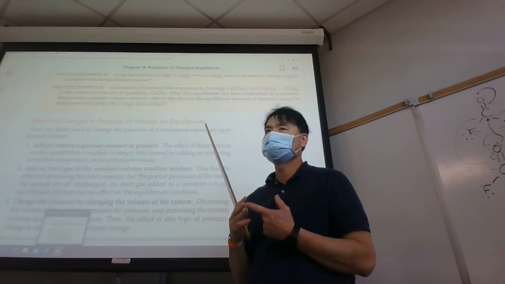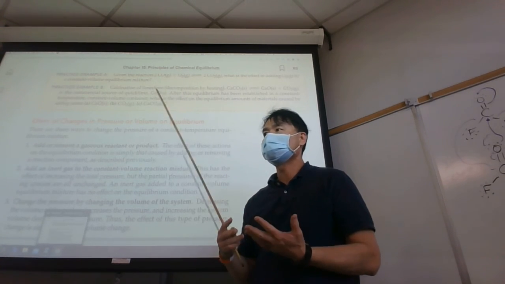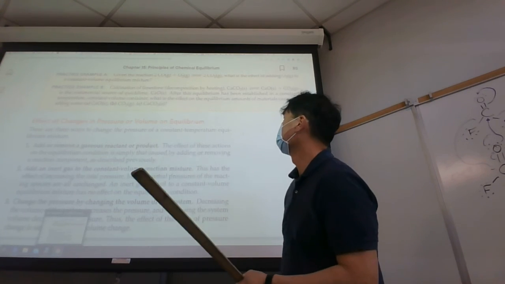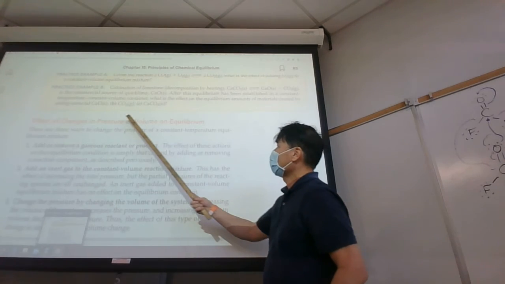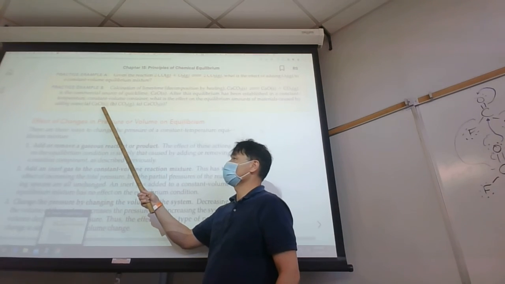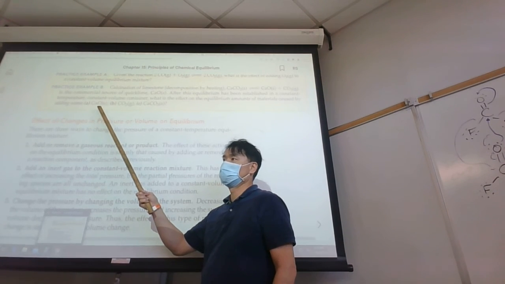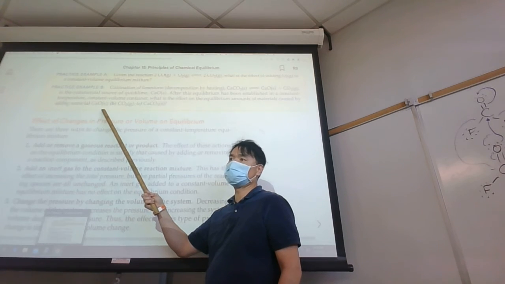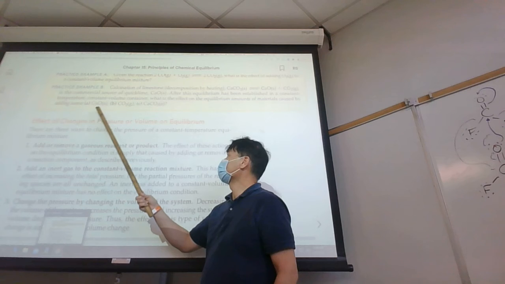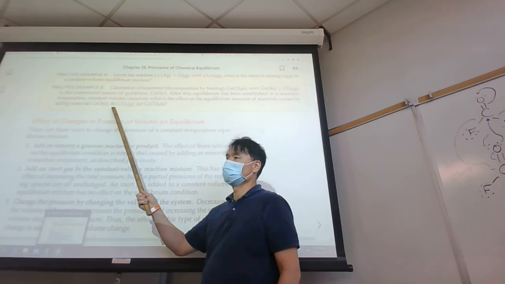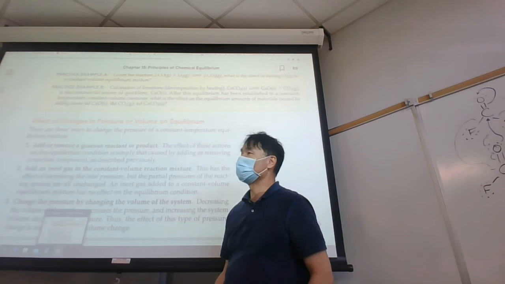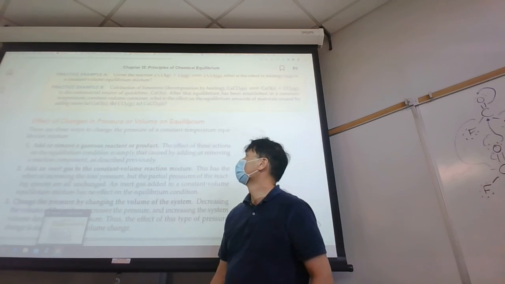But what if we have a pure solid? If I add more, does it change the concentration? No. Or remove? When I add or take away calcium oxide, it doesn't change the concentration or the pressure, and therefore it's not going to have any impact. So adding some calcium oxide doesn't result in anything. Nothing changes, except you have more calcium oxide.